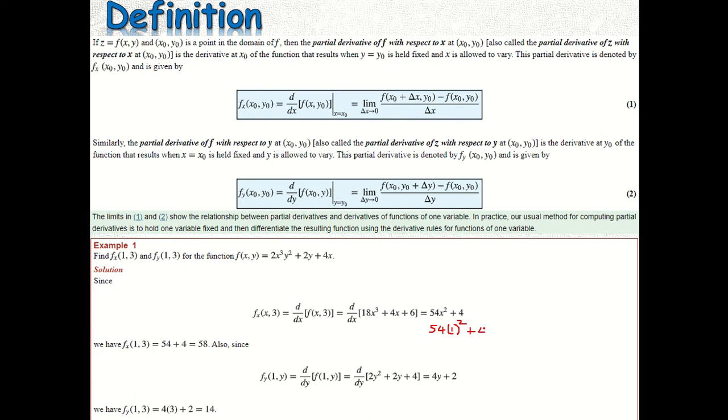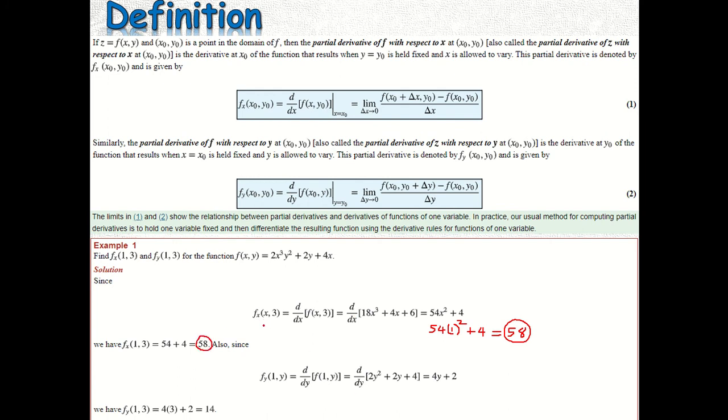So 1 squared is equal to 1, times 54 equals 54, plus 4. So this is equal to 58. Okay, so this is 58. This is just the same as what we have here.